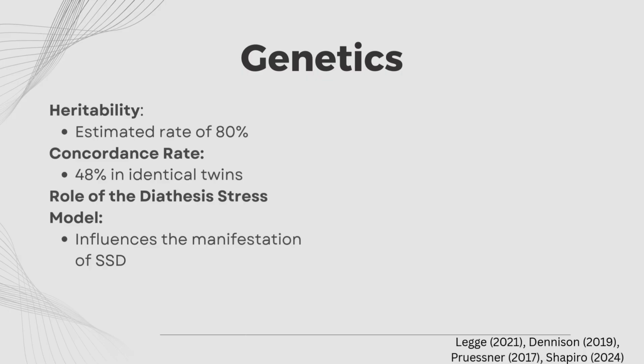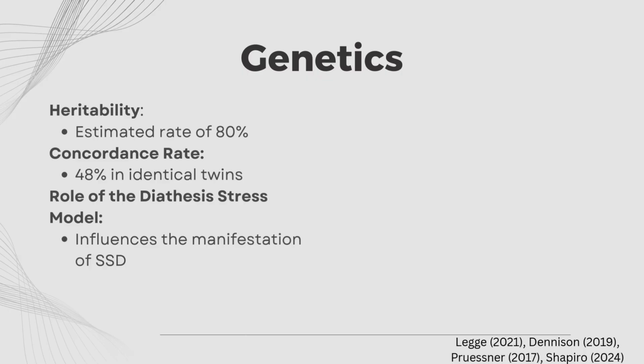Another important genetic factor of schizophrenia that researchers think is important is the diathesis-stress model, something we also learned about, which they think influences the manifestation of the disorder. There are genes affecting this, but there's also your environment around you that works in tandem with your genetic susceptibility to a disorder.